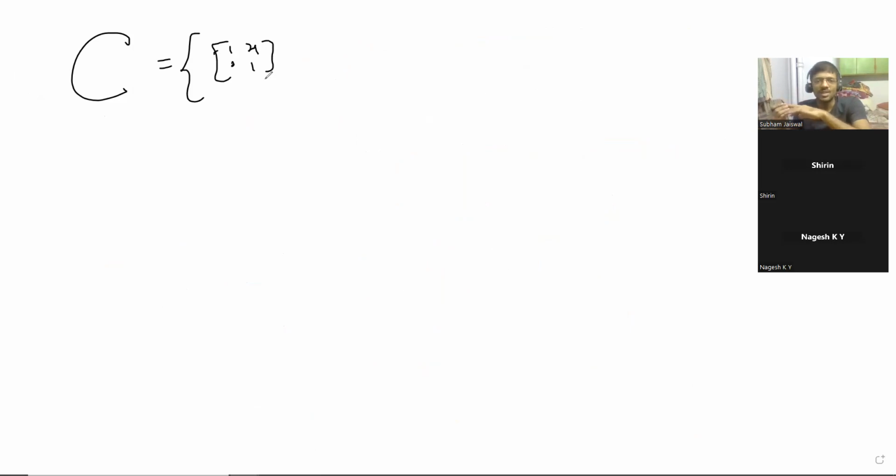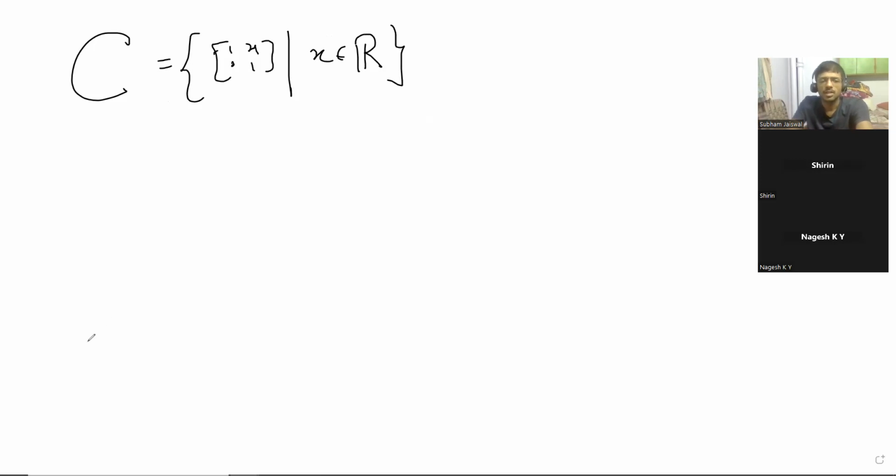You'll see the benefits a little later. But you will see even now we derive that special case from the more complicated case. So basically x is in real numbers, and we're looking at this collection of matrices. Okay, so this is what we do, and you will see how the subject becomes like water, even if you understand these things in a conceptual way. So C is just this collection.